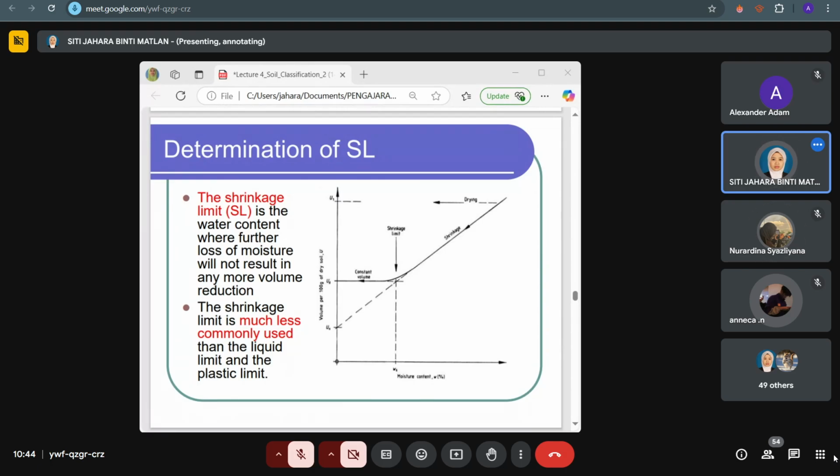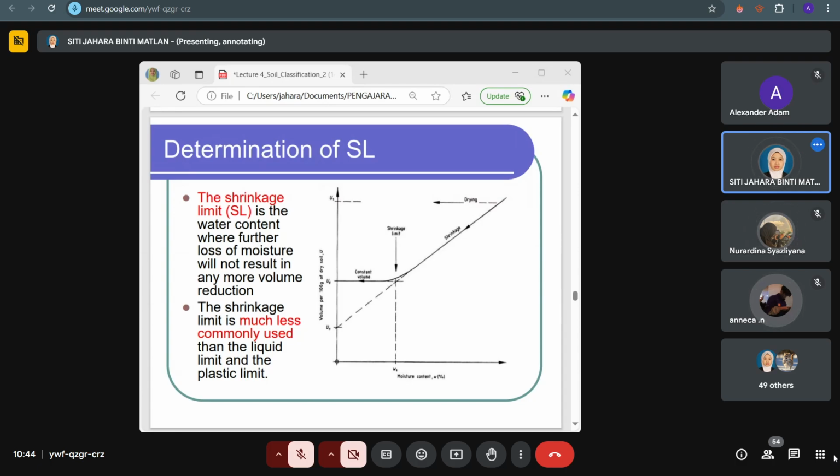Can I continue? Next, we determine the SL. SL is shrinkage limit, one of the 3 Atterberg limits. Shrinkage limit is defined as the water content at which further drying, or moisture loss, does not cause any more volume reduction of the soil.